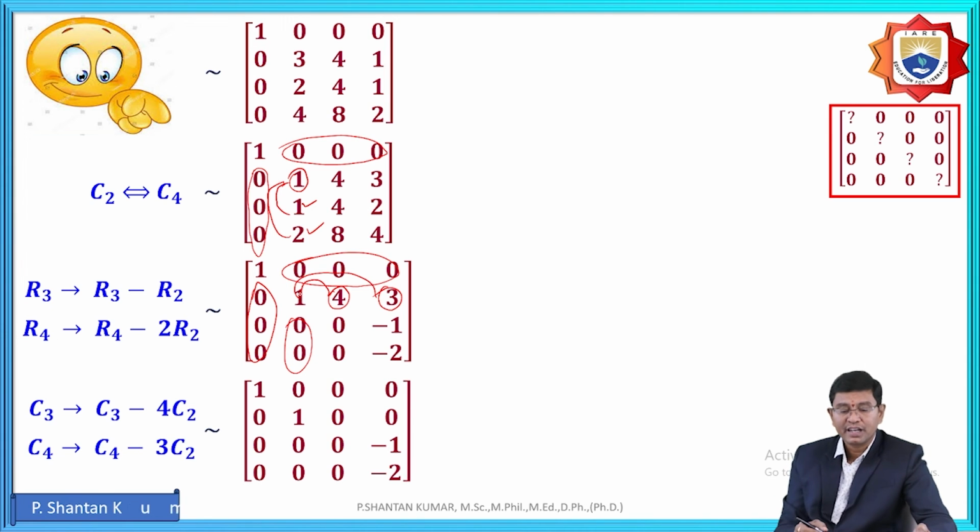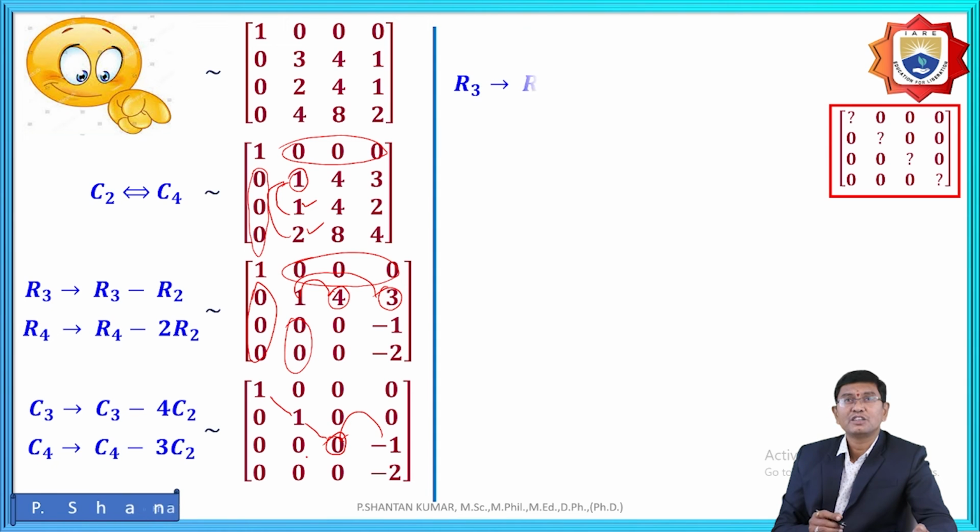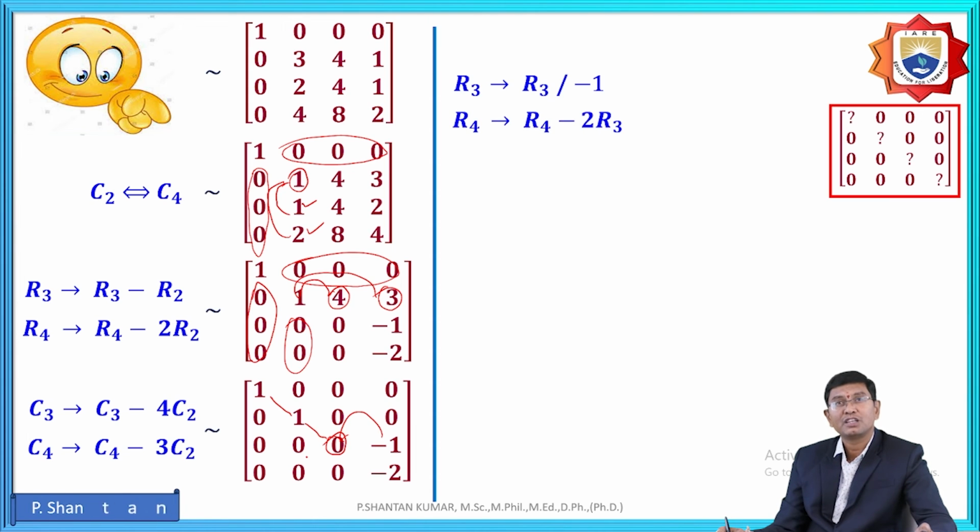Further, a required 1 is still missing; we need to reduce it to 1. The options are either interchange C3 and C4, or divide C4 by minus 1. Based upon this, I am going to apply R3 divided by minus 1 and R4 divided by minus 1 also.